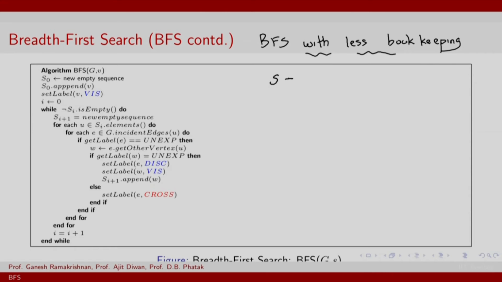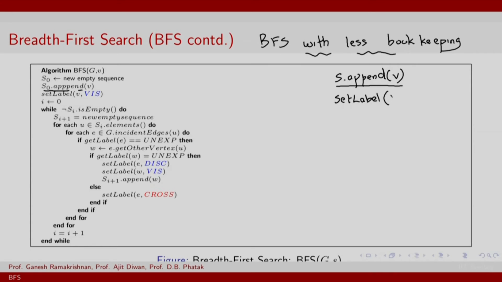So S is initialized to be empty, and of course you will immediately add V to it. So summarily it is the same as what we have seen before. The next thing we do is set the label.